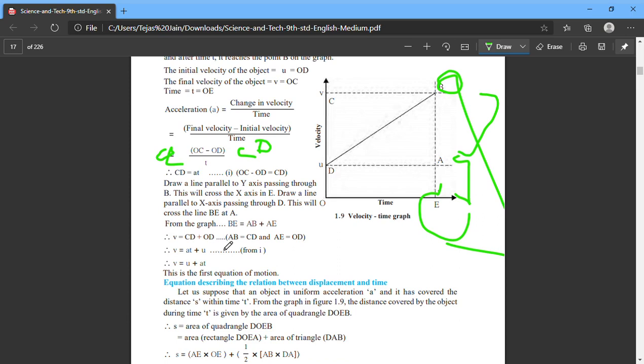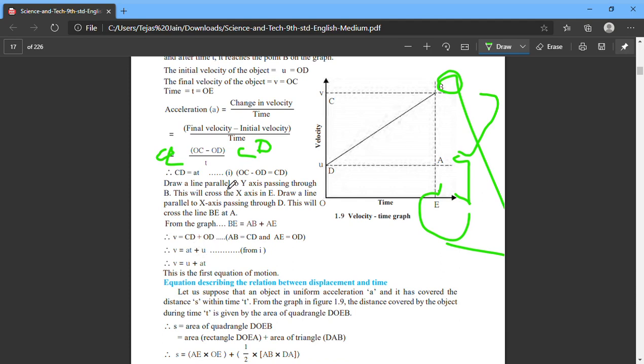Therefore v is equal to CD plus OD. Why is it CD plus OD? Because AB is equal to CD, and AE is equal to OD. Therefore we write v is equal to CD plus OD, so v is equal to at plus u.